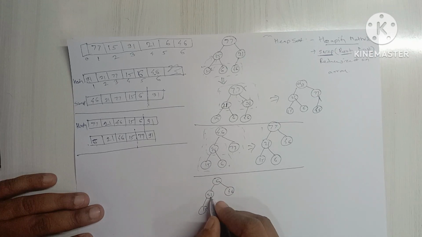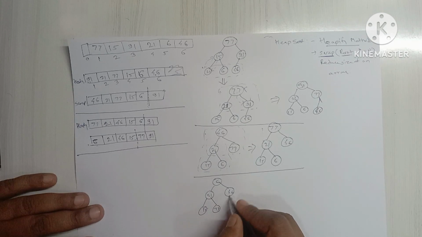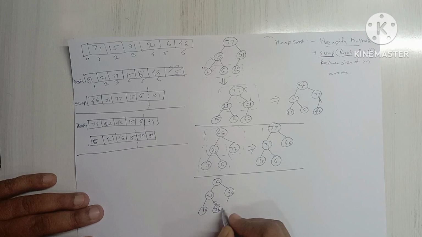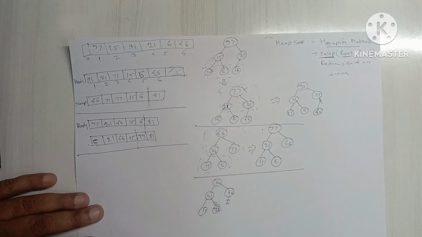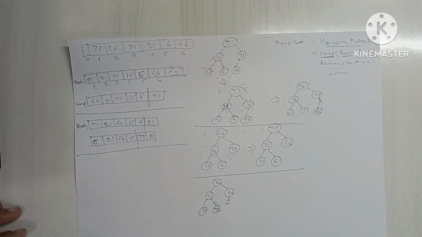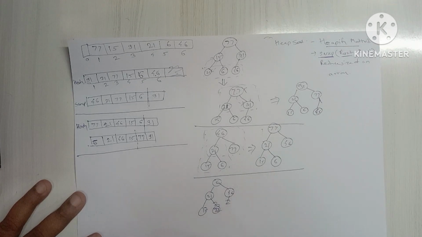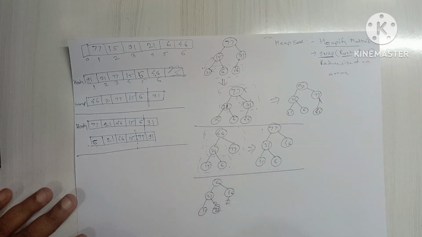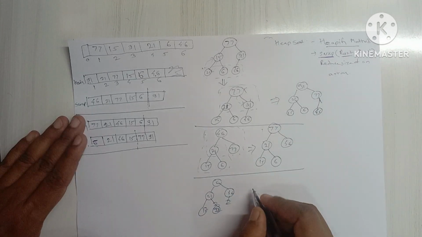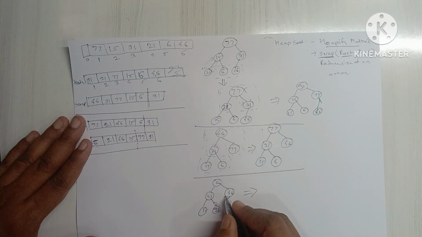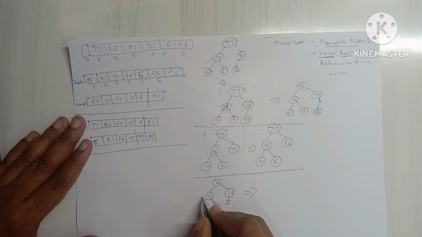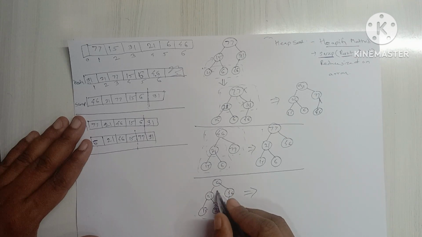Here is the 15, here is the 77, and here is, so sorry, 77 is not there. So this is the tree. So apply Heapify method and find out the heap tree. Okay, so after applying Heapify methods, we need to apply only the non-leaf nodes. So 21 and 6 both are the non-leaf nodes. So find out whether it is a max heap or not. Yes, it is a max heap.